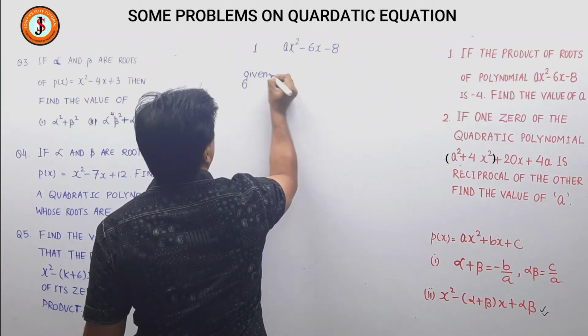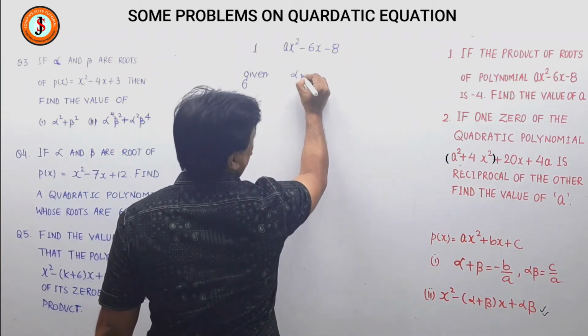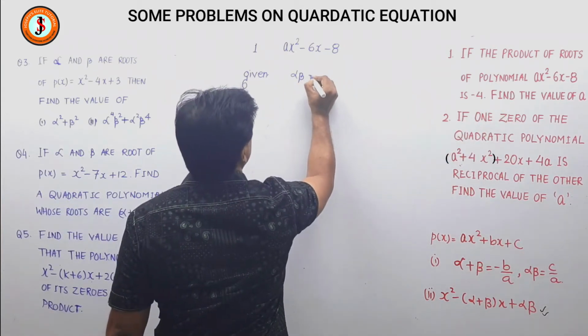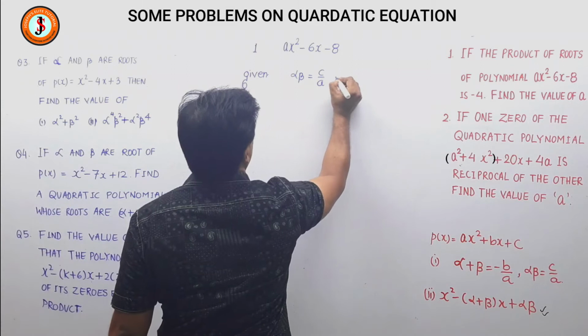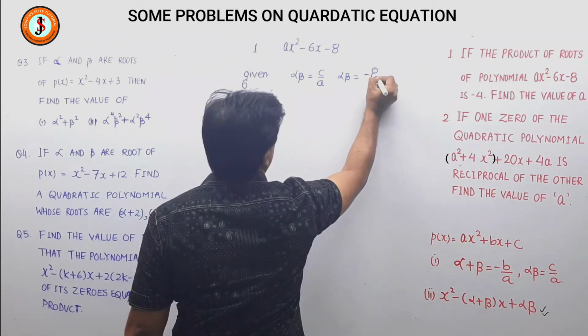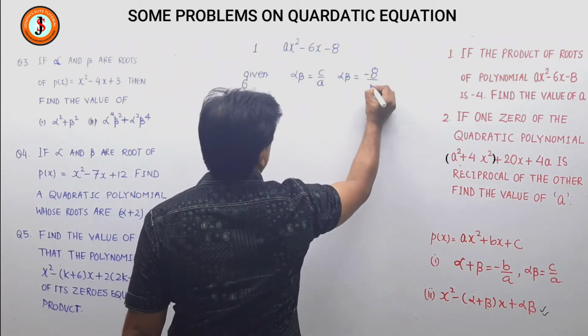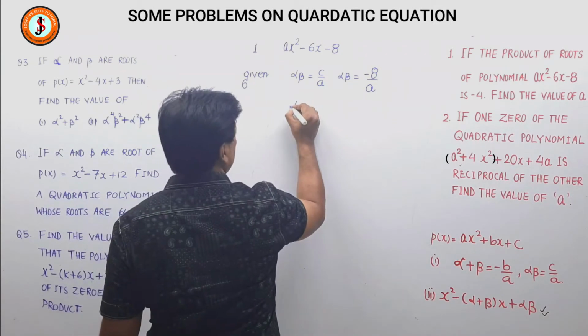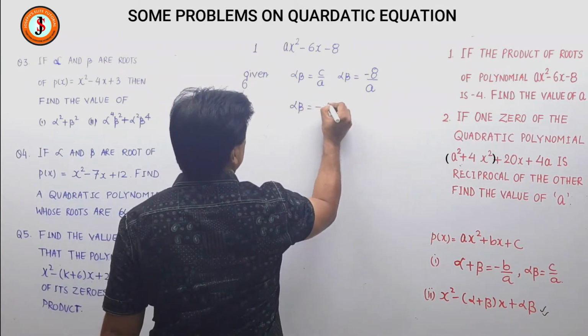The product of the roots is given. Alpha into beta is c by a, that is the constant term divided by the coefficient of x square, that is minus 8 by a. Then alpha into beta is also given, the product of the roots is negative 4.